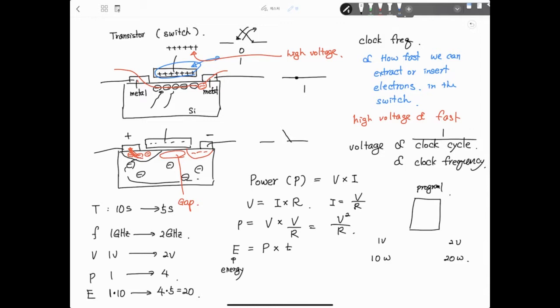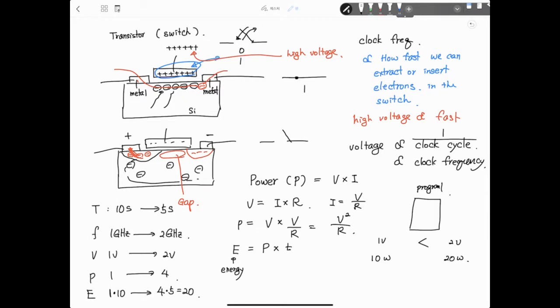So which is consuming more energy? Definitely high voltage, right? To execute one program, higher voltage is consuming more energy, which means that it is emitting more heat.